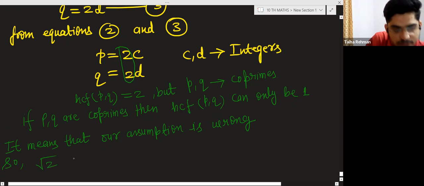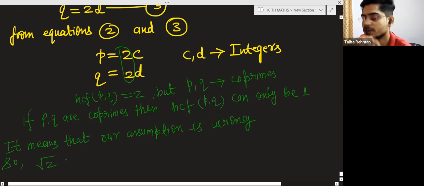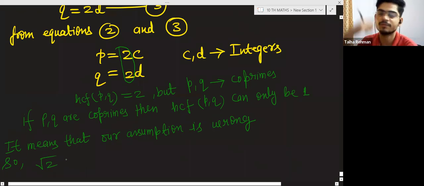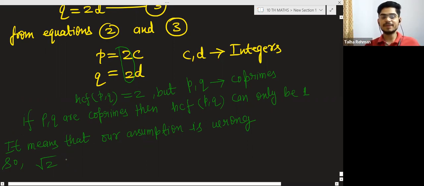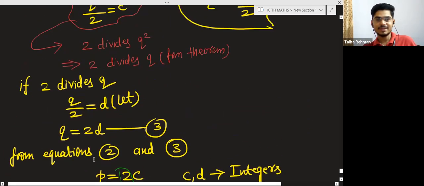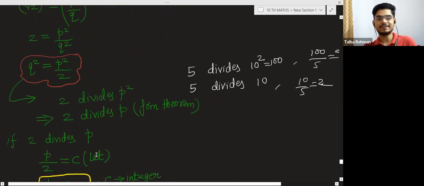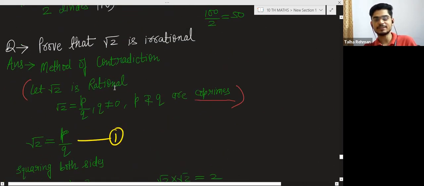If a number is not rational, here we have considered this as rational, this is not rational.